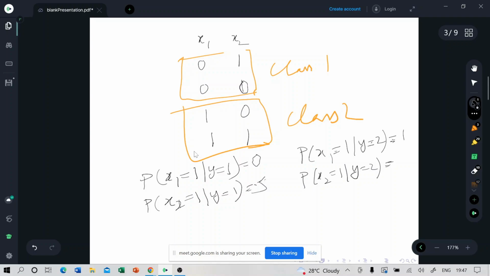Now you put in the expression for the log of these conditional probabilities. On one side it is log of probability of y1 multiplied by the product over i equal to 1 to d of probability of xi given y1.